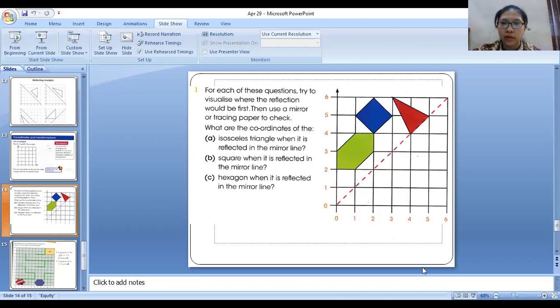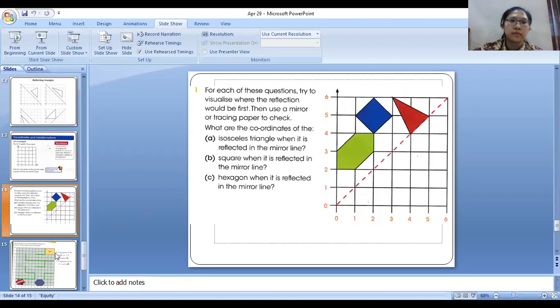For example, question A: the refracted object is here. So you have to write down the coordinates of this and this. The three coordinates you write down. That's for question number 1.